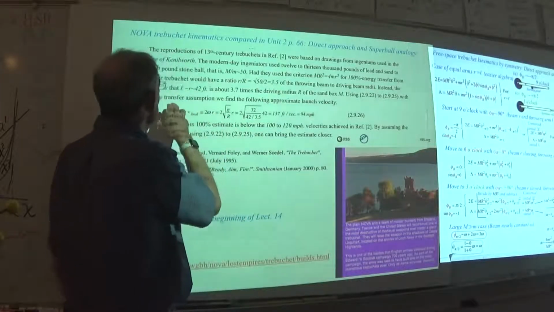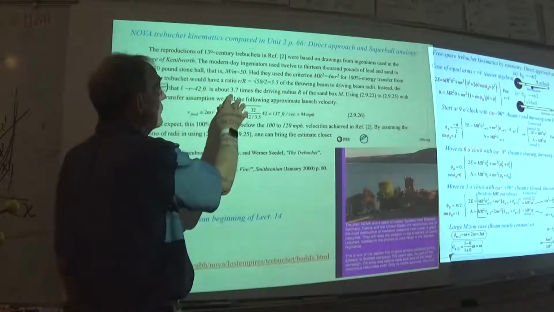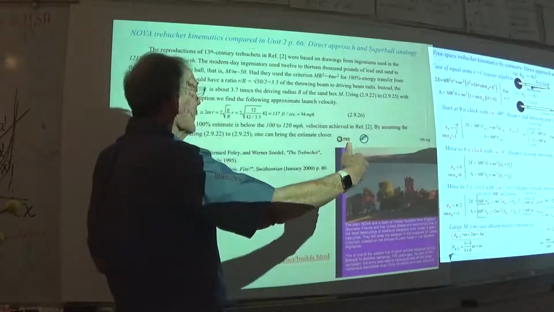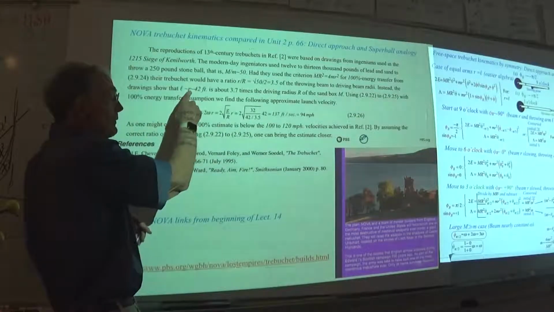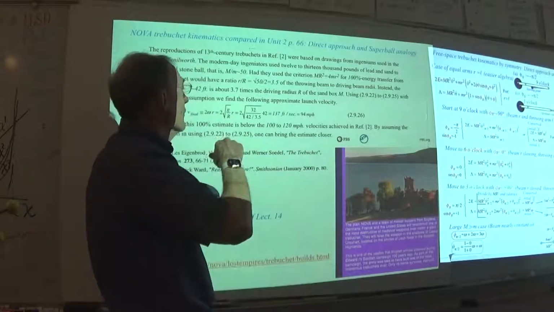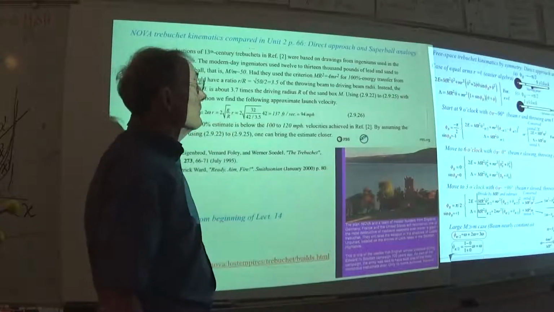And instead, drawings show an L of 42 feet, that's about 3.7 times the driving radius. So they have a little longer throwing arm and R, which were about the same. And it has to be that way because it has to clear the thing. So it is larger. But anyway, this comes out to about right.